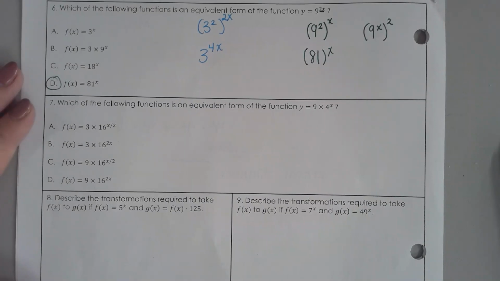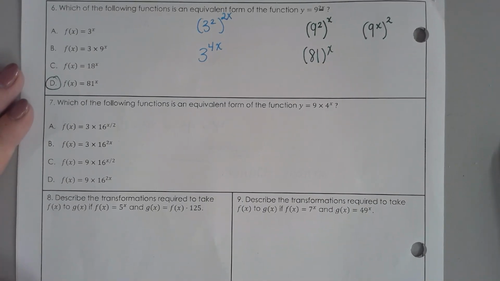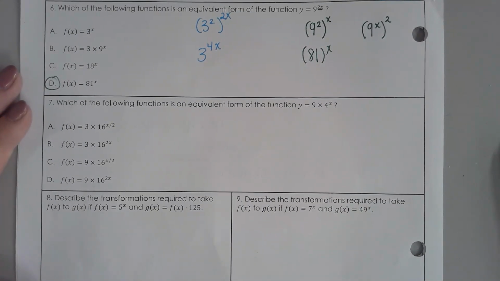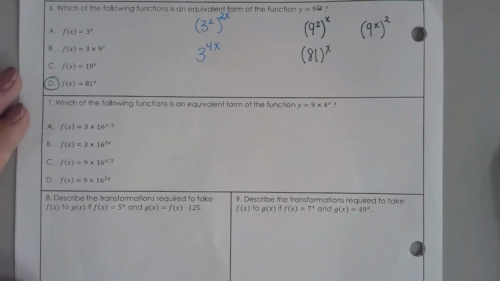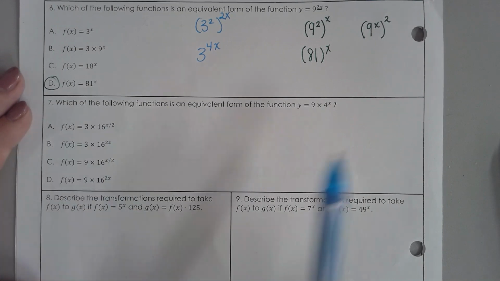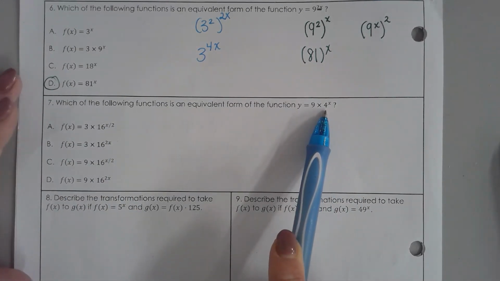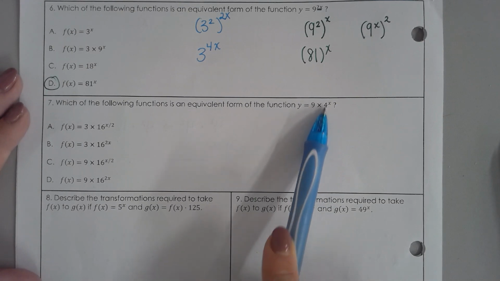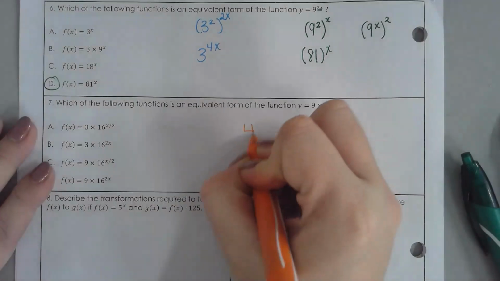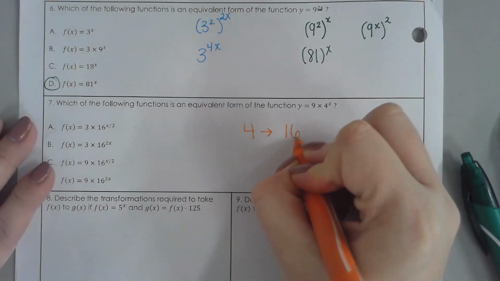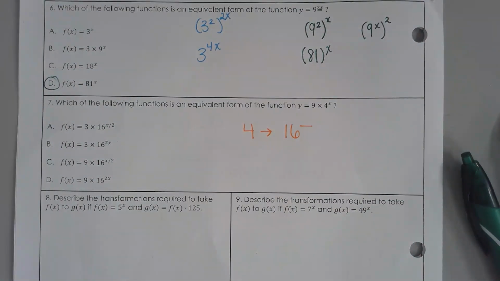So we have the number 7. We have 9 times 4 to the x. Looking at my answer choices, I see a lot of these 16s. How do I get a 4 to have a base of 16? 4 is the same thing as 16 to what power?